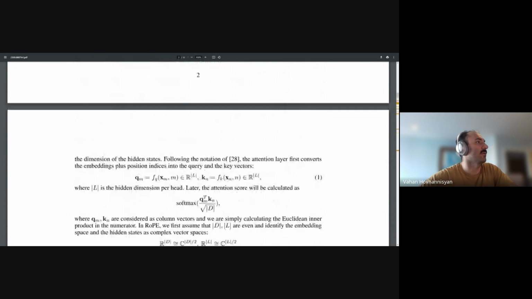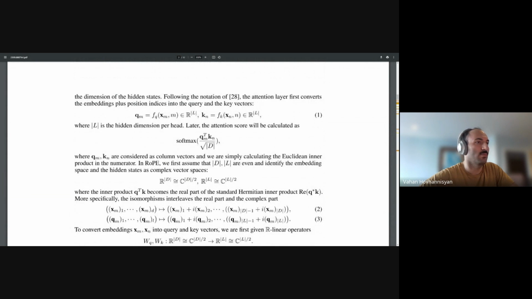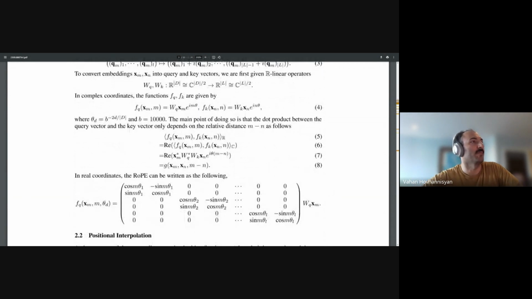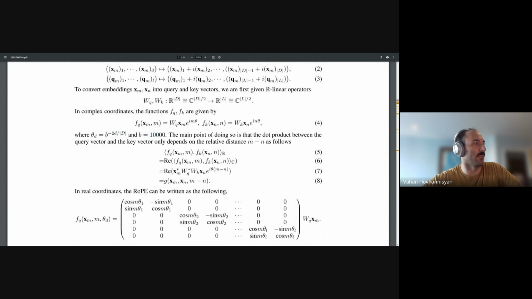Never mind, I can't find what theta is. But oh, it's here. It's just a constant we use to convert from real numbers to complex numbers. And B is this large number, 10,000.